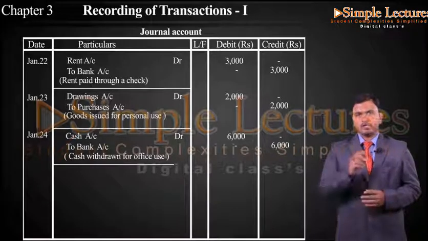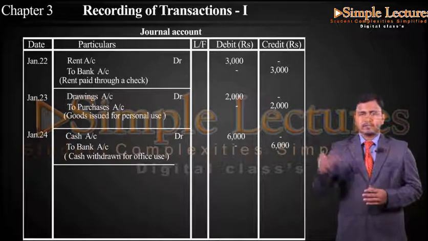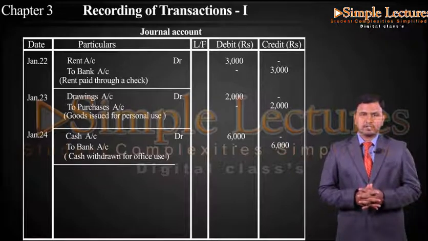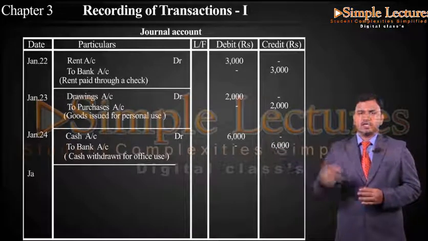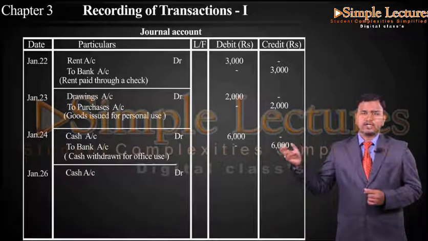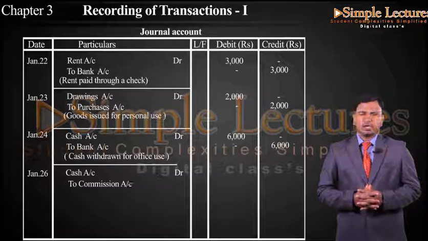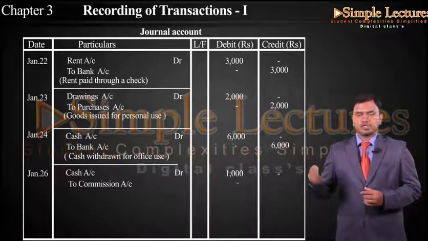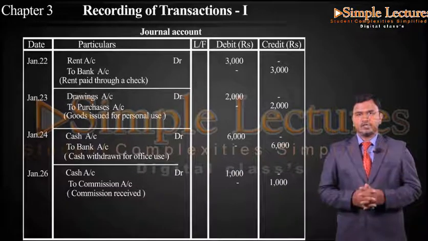So here the commission will be credited. Let us take the journal entry for this. Date will be Jan 26th and the entry will be cash account debtor to commission account, 1,000 debit and 1,000 credit. Narration: being commission received.